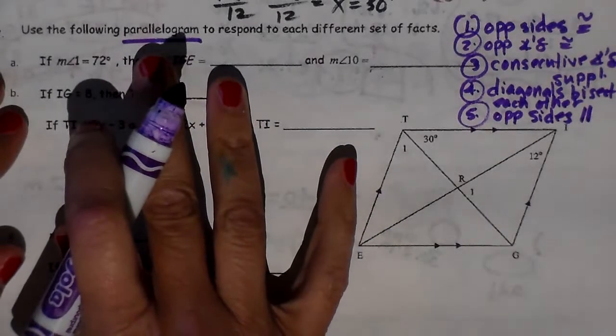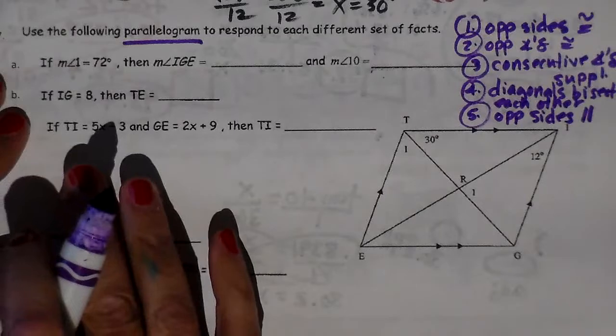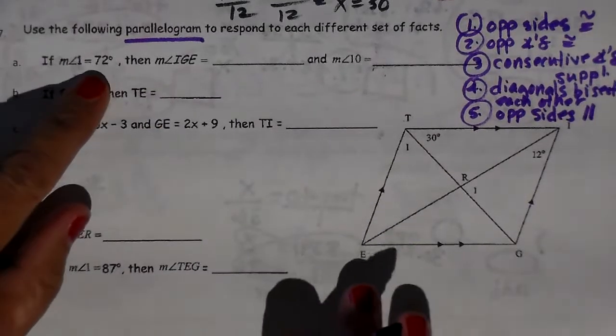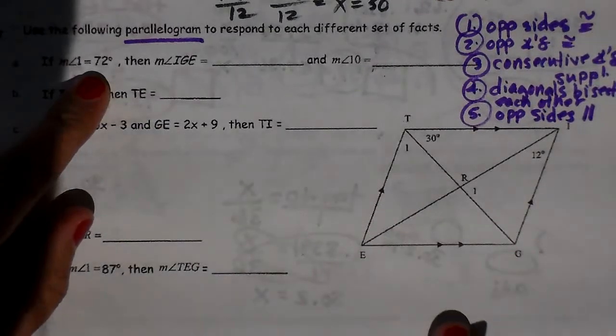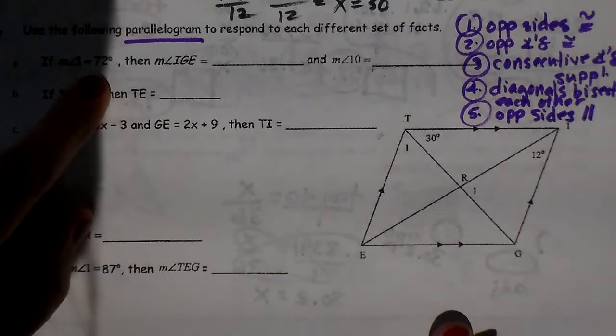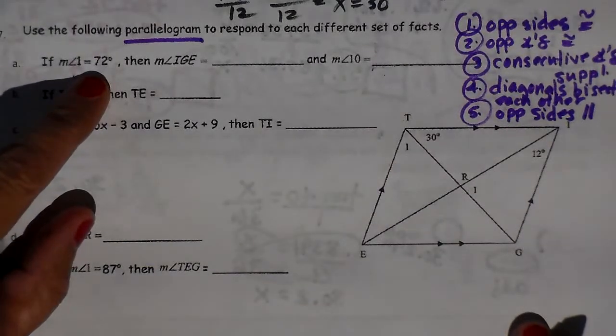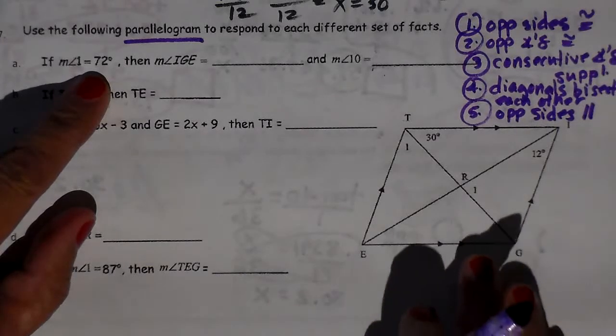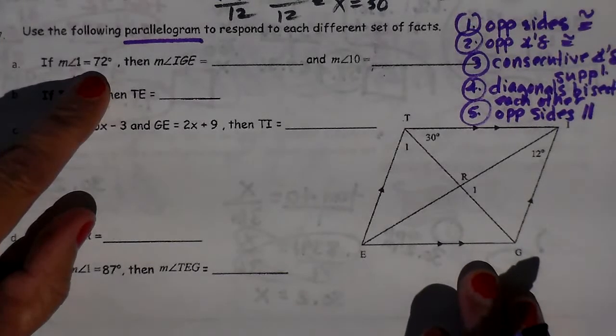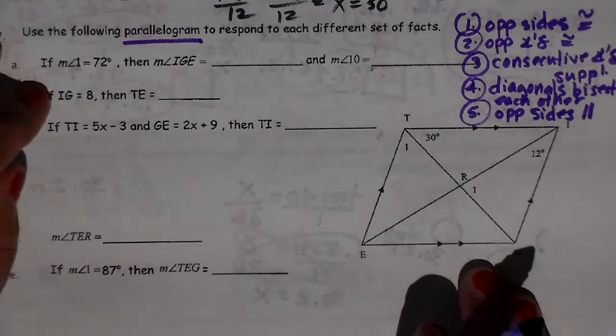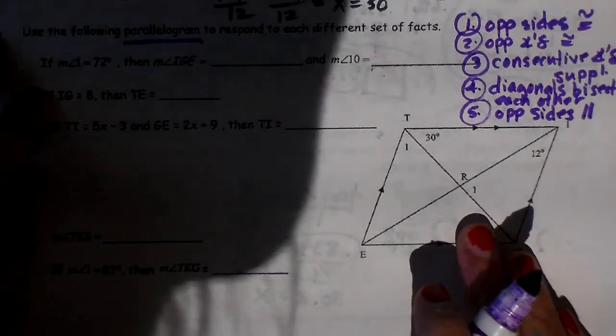So I know this is a parallelogram, so if the measure of angle 1 is 72, let's come to the figure here. And I'm not exactly sure why there's two ones here. It looks like it didn't print well.